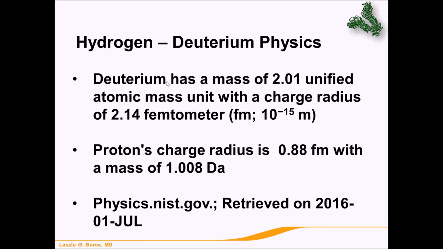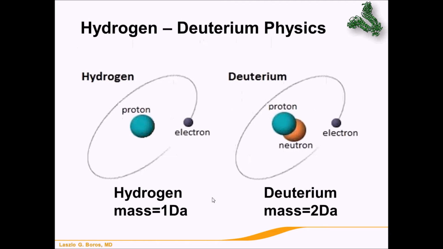Actually, it's worse than a twice as heavy 8 ball, because deuterium has very severe kinetic isotope effects, which I'm going to talk about a little bit later. We retrieved this information from the U.S. government website just recently. So deuterium has 2 daltons and hydrogen has 1 dalton. It seems that this proton gradient driving the nanomotor and the very delicate protein structures are not able to withstand deuterium.